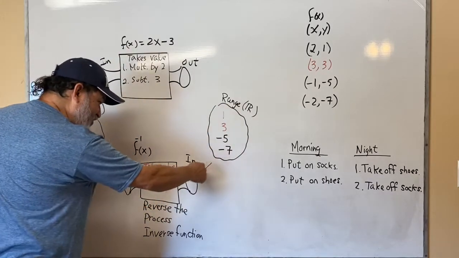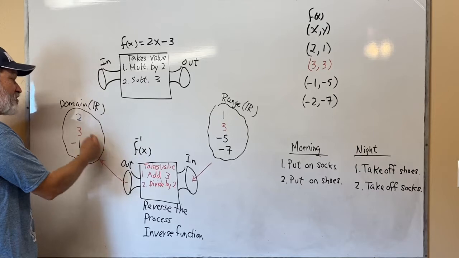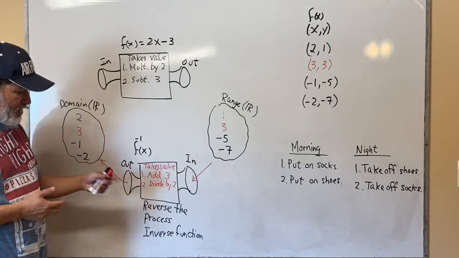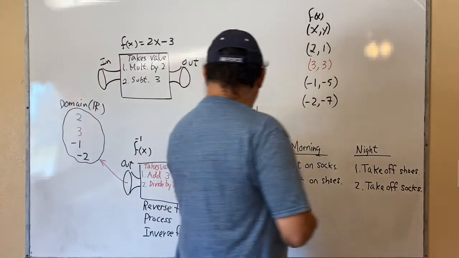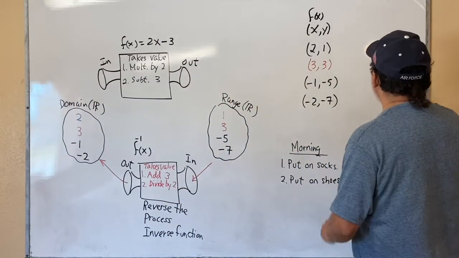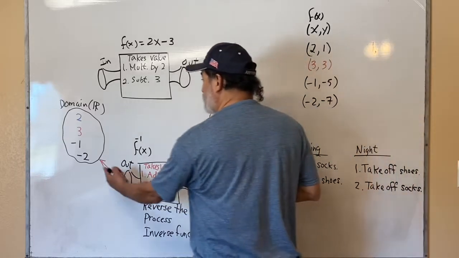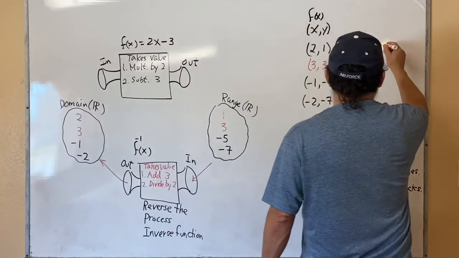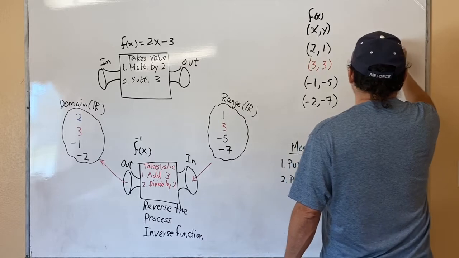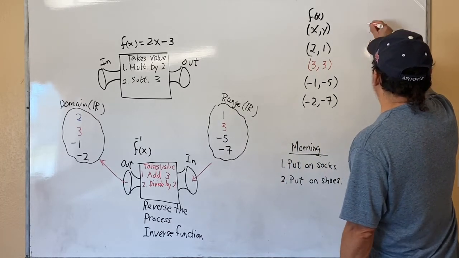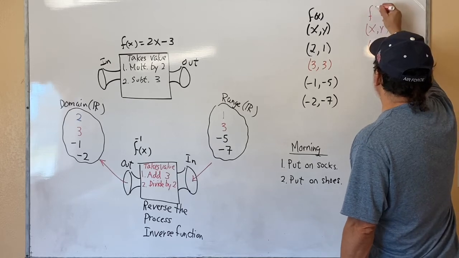So a 1 goes inside and what comes out? 2. It worked. Look. So a 1 went inside and a 2 came out. And these are ordered pairs for what? For the inverse.